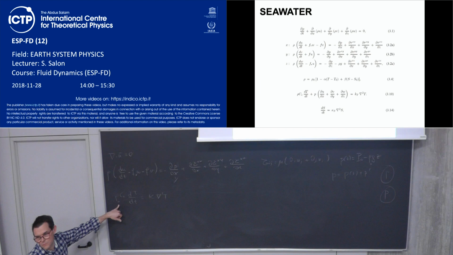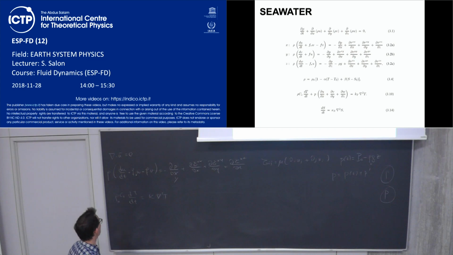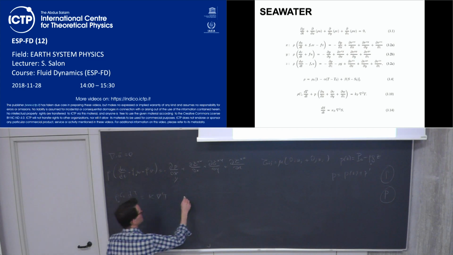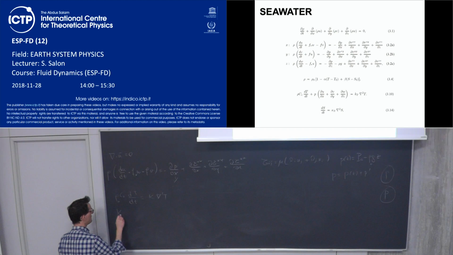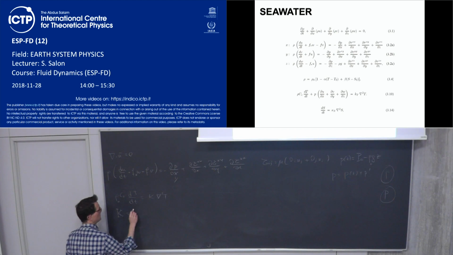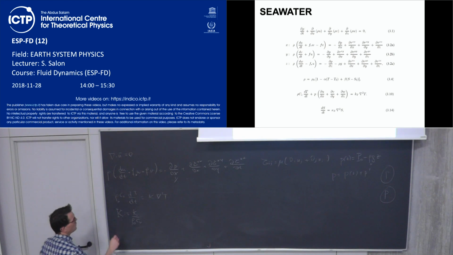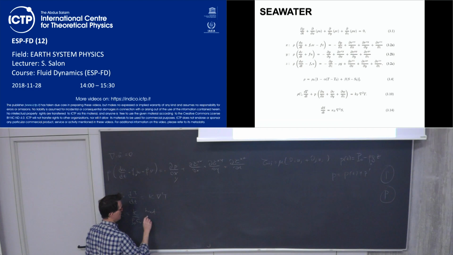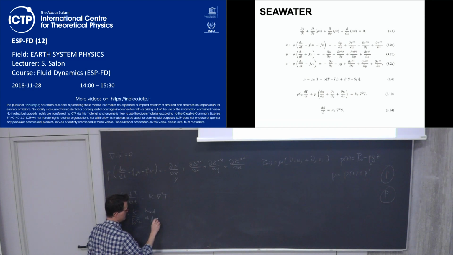We can do it quite directly without thinking too much. This is a constant, of course. So we can have one new constant, which is k over rho 0 Cv, which is called the heat diffusivity.